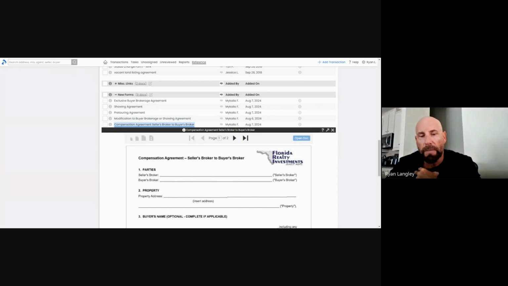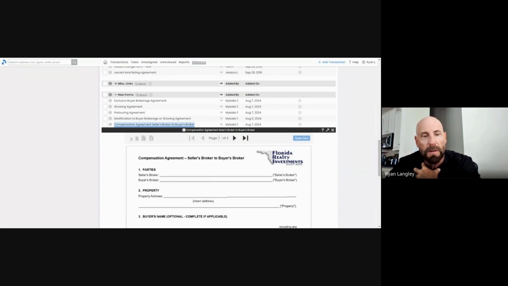So we recently had one where someone was trying to do that, representing themselves on a purchase, and they wrote in the additional terms, seller will give buyer 2.5%. That was the commission being offered, 2.5% concession. They did not write in lieu of commission, which is what they needed.